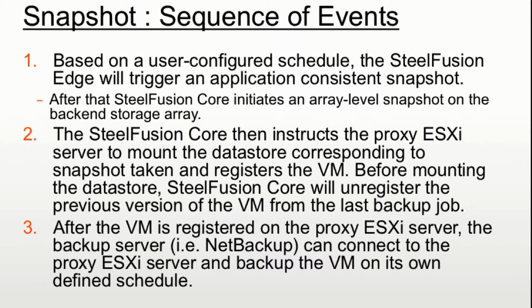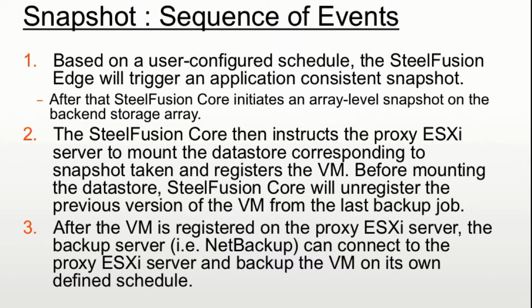That means when the SteelFusion Core receives this request from the Edge to take a snapshot, it would then ask the backend storage, okay, you go ahead and take the snapshot. Then the SteelFusion Core instructs the proxy ESXi server to mount the data store corresponding to the snapshot taken and registers the VM. Before mounting the data store, SteelFusion Core would also ensure to unregister the previous version of the VM from the last backup job.